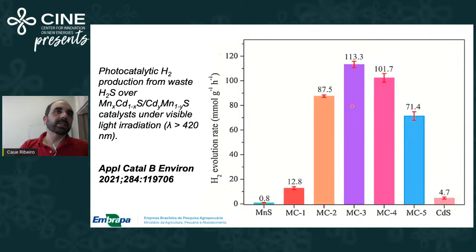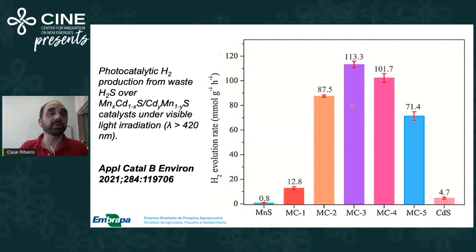Specifically, this gas is an interesting source of hydrogen, and we still have problems with this gas, with the side production of sulfur and sulfate, that can be problematic in terms of acid rain and the degradation of implements and so on.